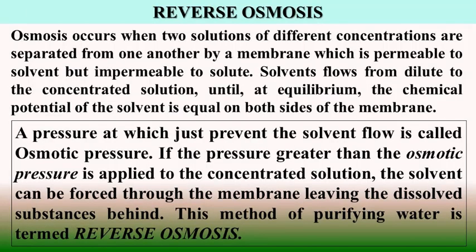Osmosis occurs when two solutions of different concentrations are separated from one another by a membrane which is permeable to the solvent but impermeable to the solute. So the solvent flows from the dilute to the concentrated solution until at equilibrium the chemical potential of the solvent is equal on both sides of the membrane.